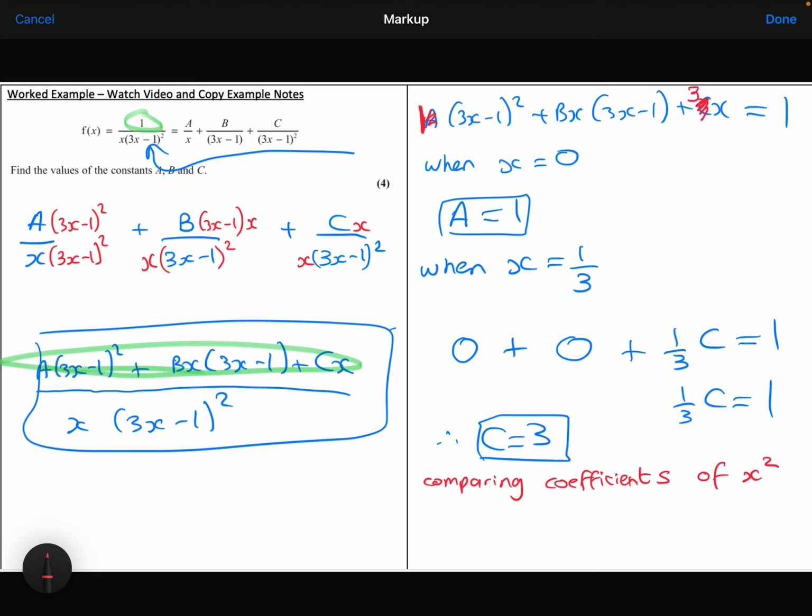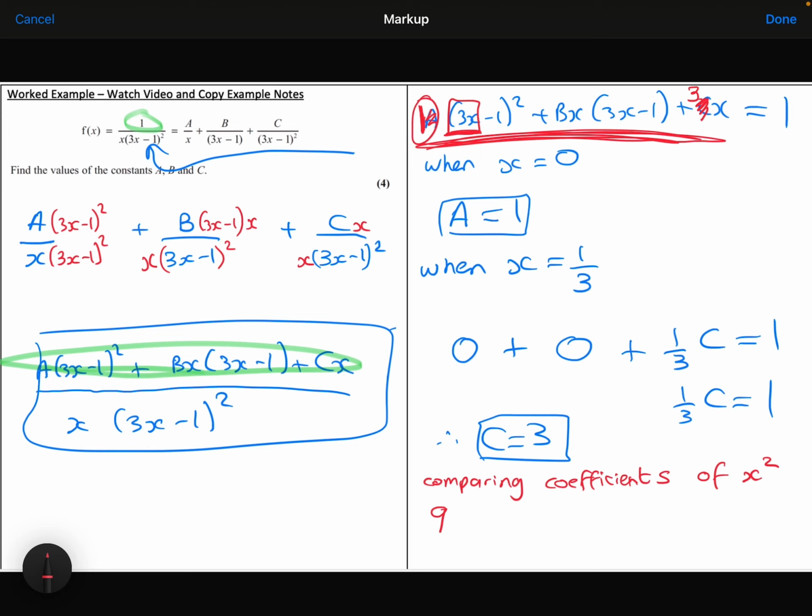So let's just think what would happen if I expanded out all of this. How many x squareds would I have? Well, the first bracket, if I expanded this, I'd have 3x times 3x, which would be 9x squared, multiplied by the 1 at the front. So I'd have 9x squared.